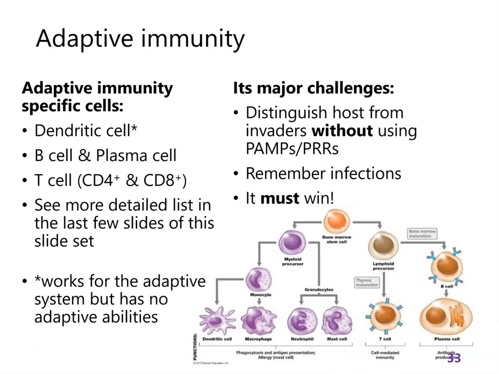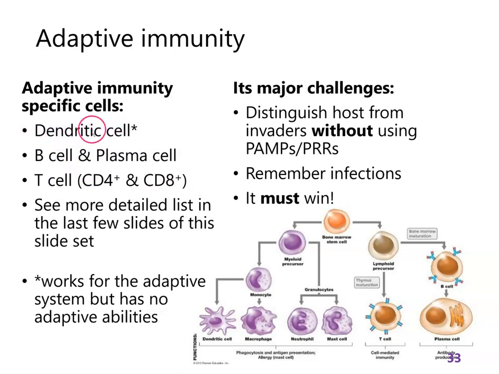So, these are specific cells we see in adaptive immunity. We see B cells and plasma cells, and T cells, and then dendritic cells, which are themselves innate.